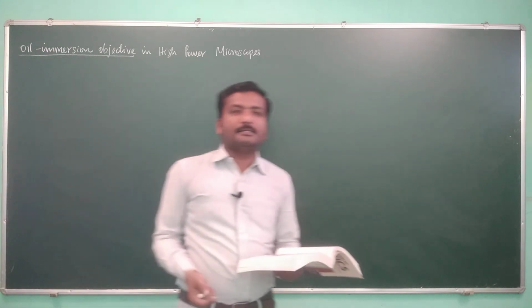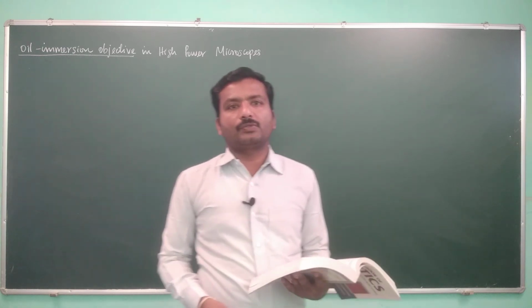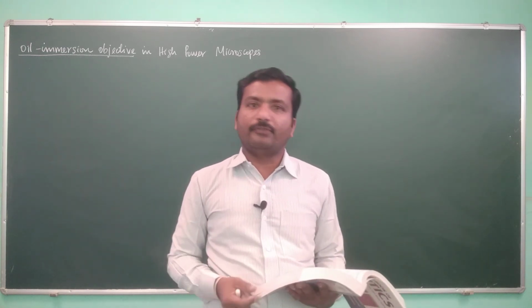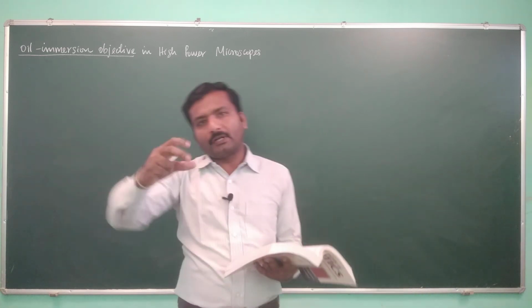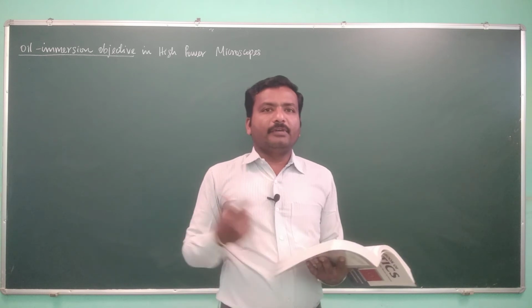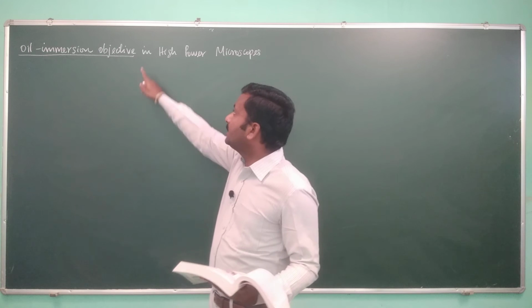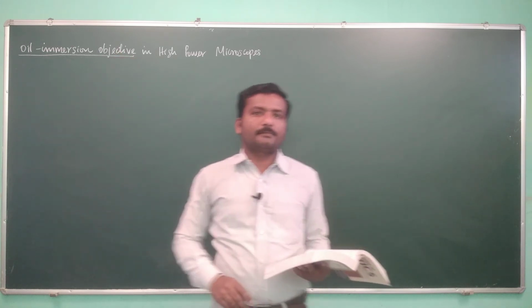Why? Because high power microscopes, high resolving power microscopes, have a magnification greater than 500. The overall magnification of the microscope is greater than 500, in which a magnification of the order of 50 should be obtained through the objective lens.